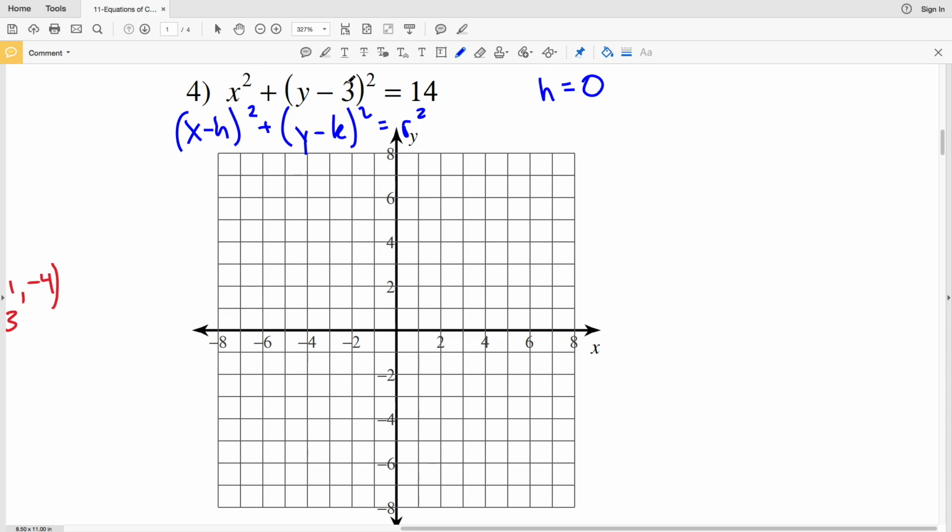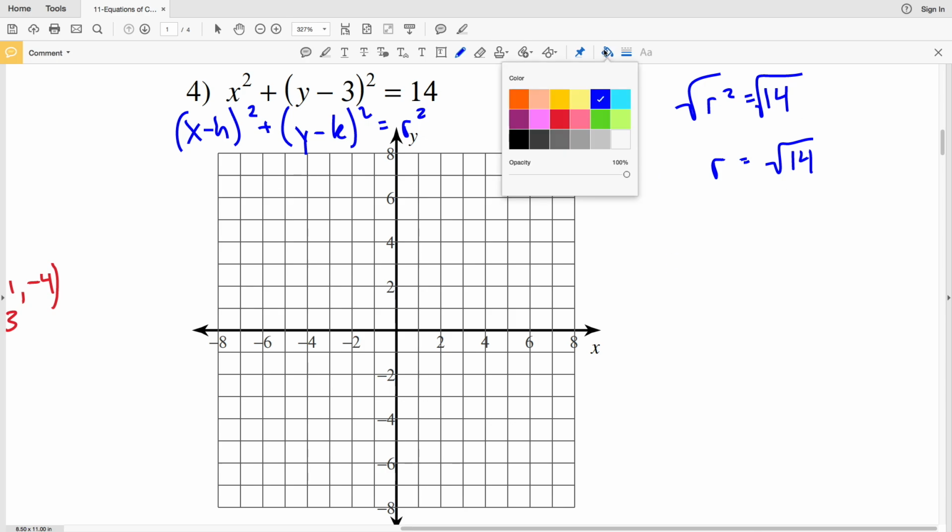And our y is a positive 3, since it's y minus 3. Our r² is equal to 14. If I take the square root of both sides, I get that r is equal to the square root of 14, since we cannot simplify that any further.